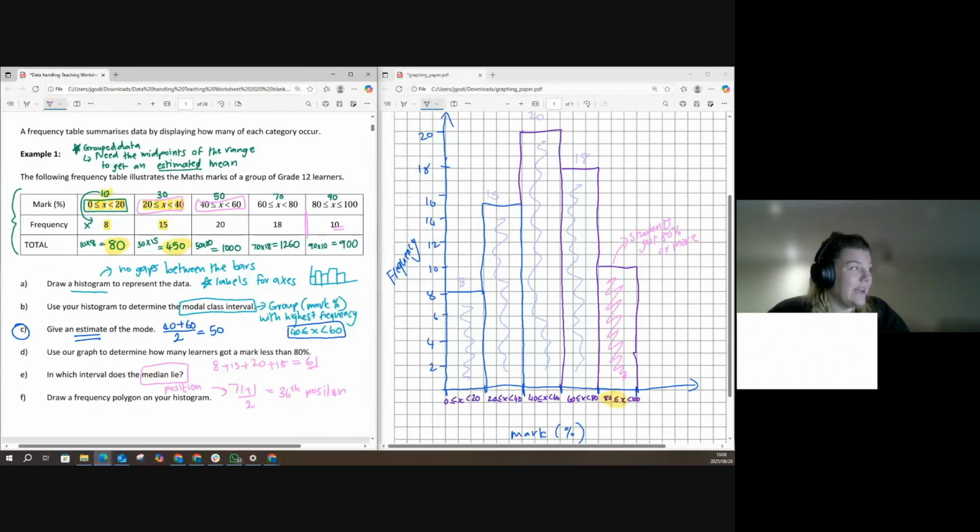So we think, okay, there's 8. If we have 8 plus 15, that's going to take us to 23. Then we're going to add another 20. That's going to take us to 43. So 36 is going to lie in here because it's going to be from position 24 to position 43. So it's going to be in this range.